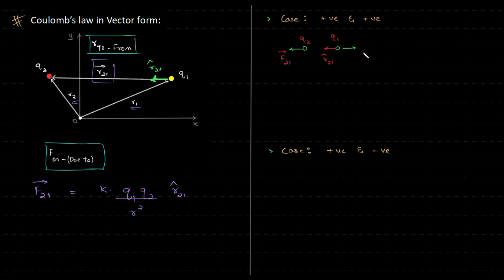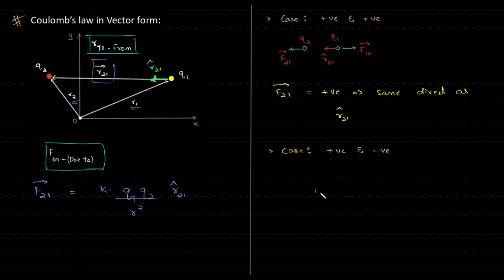And remember, this is F12. F12 is nothing but the force exerted on 1 by 2. So when we look at this, F21 is positive, telling that it's in the same direction as R21.